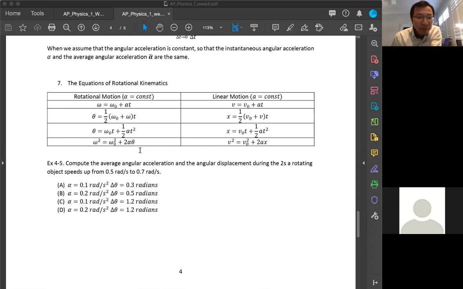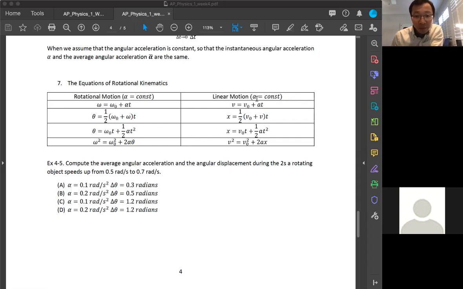Number 7. Here it gives you a table that compares the equations of kinematics in the linear and rotational cases. You can see they are very similar, so as long as you do some substitutions.